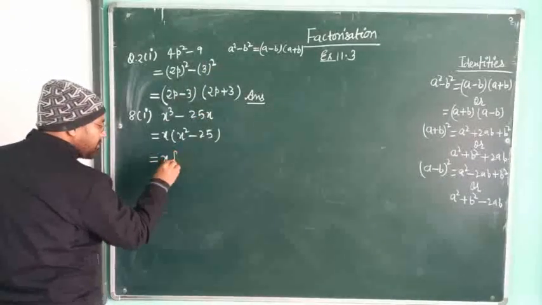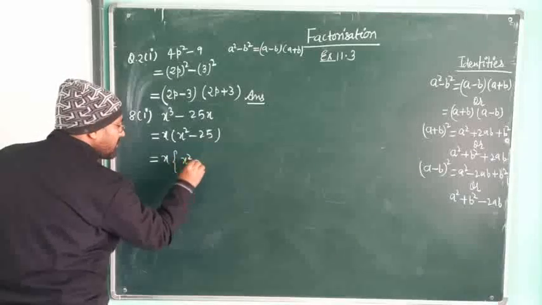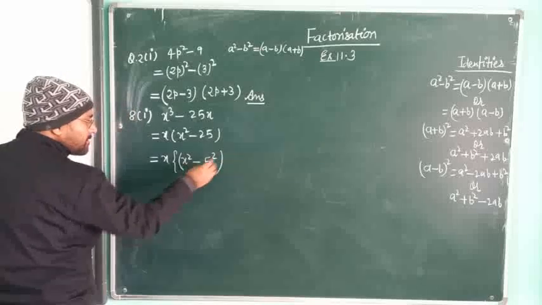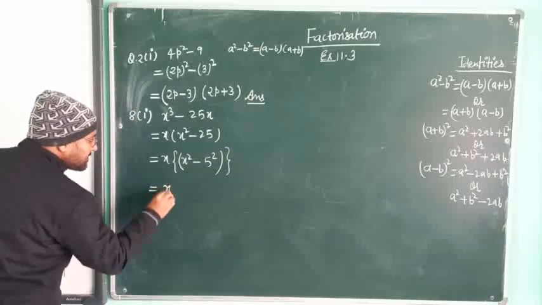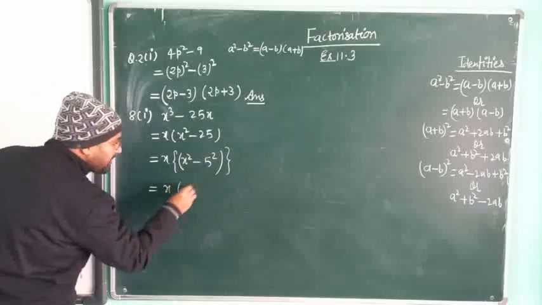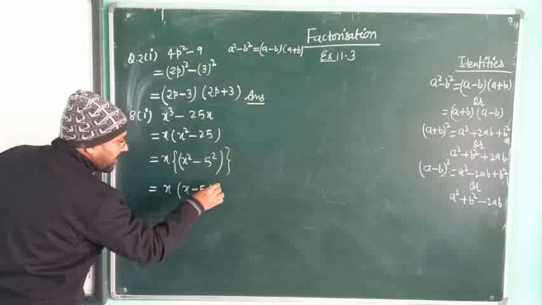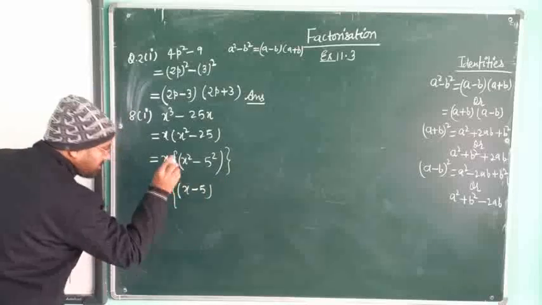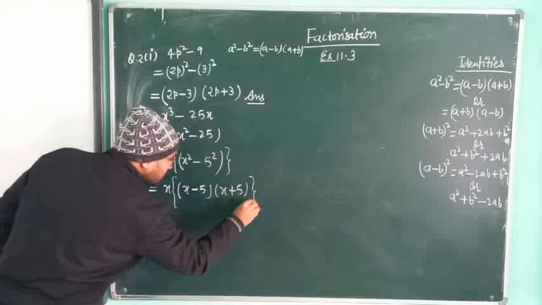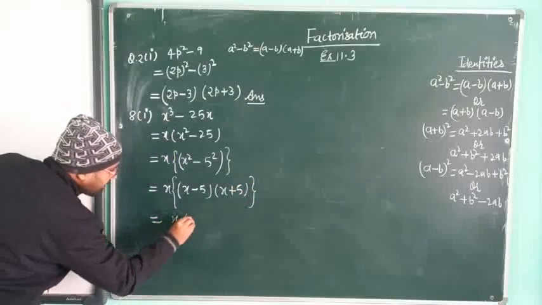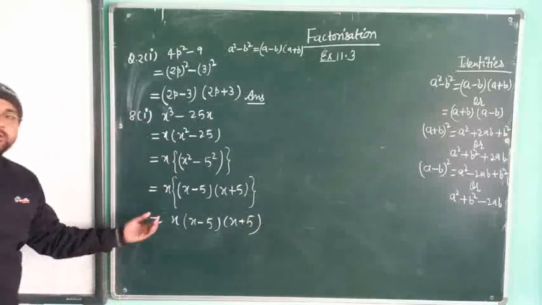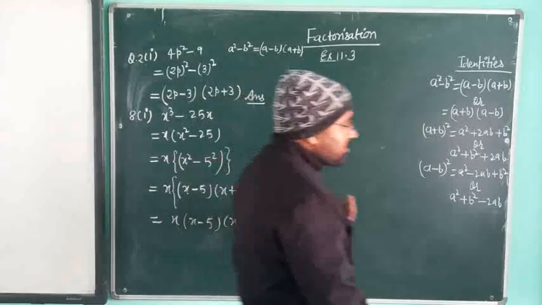So x in curly bracket, x square and 5 square. Then a minus b means x minus 5, and in another bracket x plus 5. Or you can write x in bracket (x minus 5) and (x plus 5). That is your solution for this question.